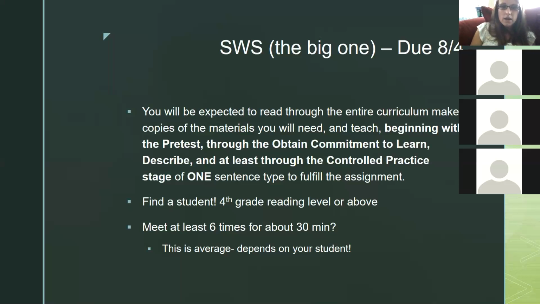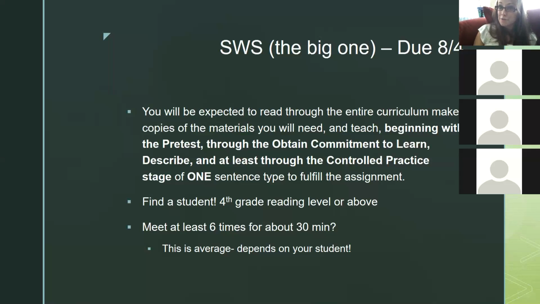Roughly, we are meeting with the student to go through these processes, the describing, the controlled practice. We're meeting, it depends on the kid. That's why it's hard to say. You guys know that every student has a different kind of attention span. A rough average from what I've heard and talked about with people for previously doing this assignment has been 6 or 7 sessions, 30 minutes a session.